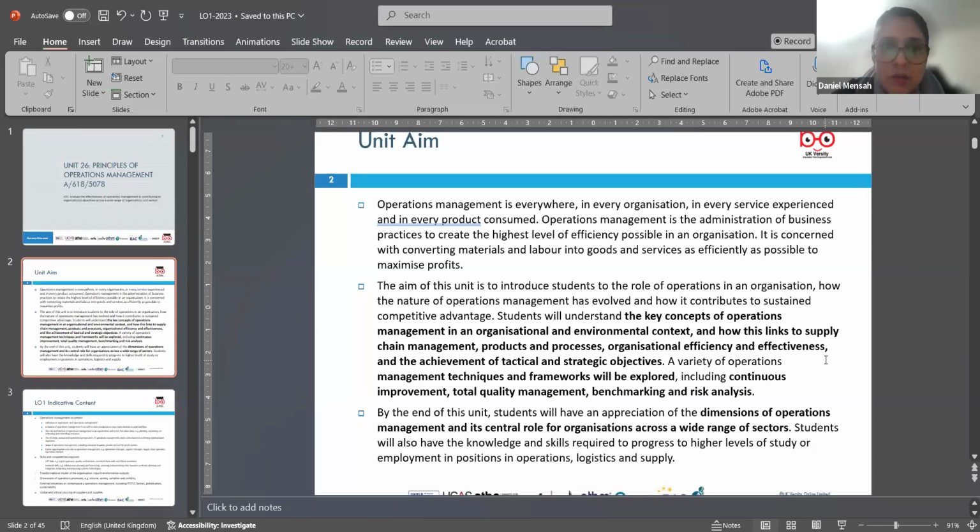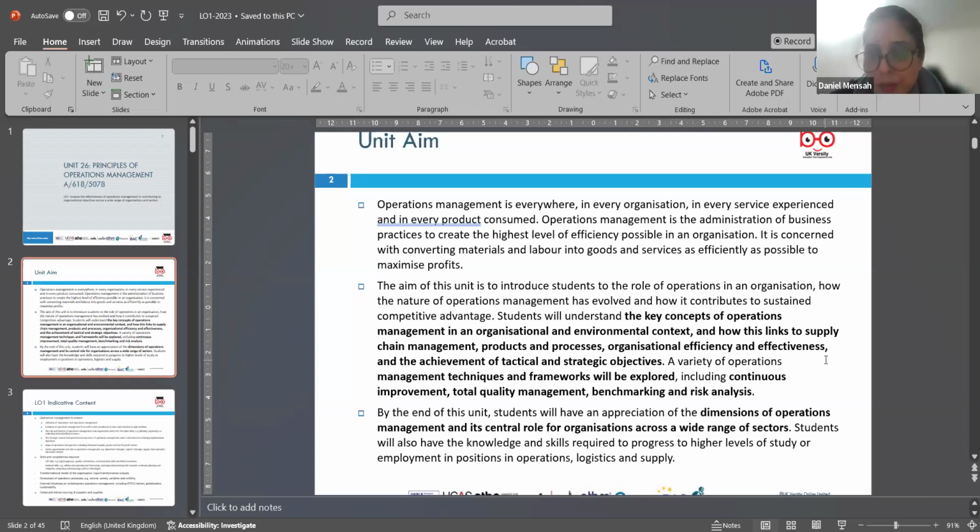In this module, we will learn some techniques and frameworks, such as continuous improvement, total quality management, benchmarking, and risk analysis, because all these things help to improve the business operations.